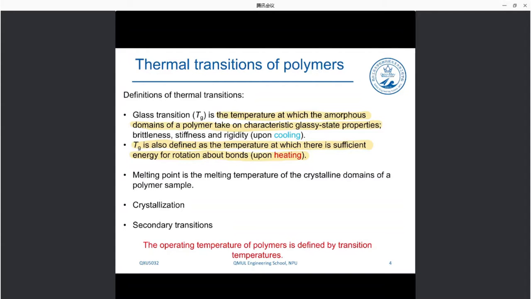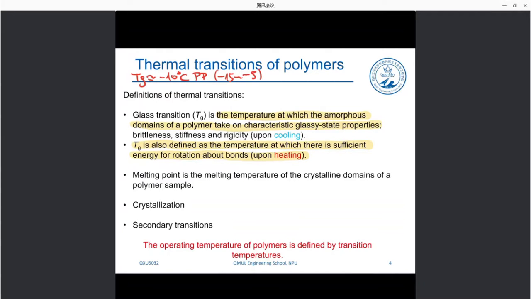I should point out two things. Firstly, there is not one glass transition temperature for a polymer, but there is a temperature range. So we can say we will define a Tg of around, I don't know, minus 10 degrees for polypropylene, but around minus 10 we can have anything from minus 15 to minus 5.